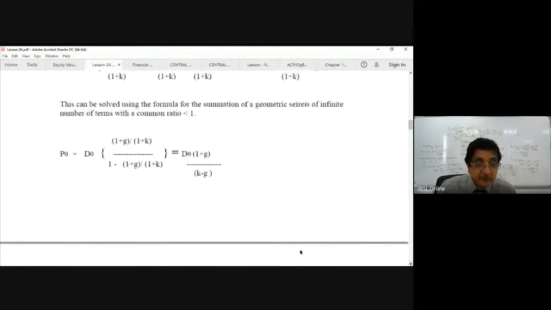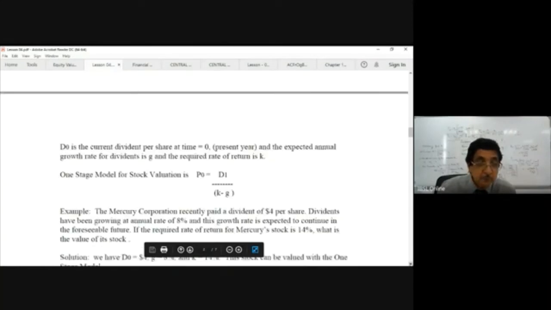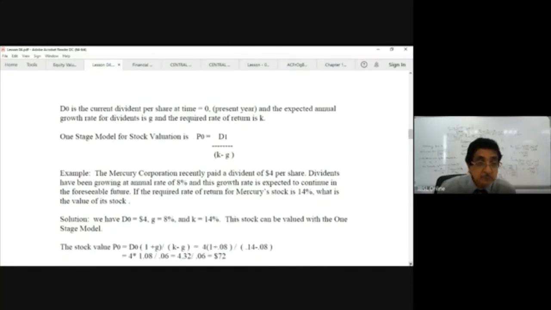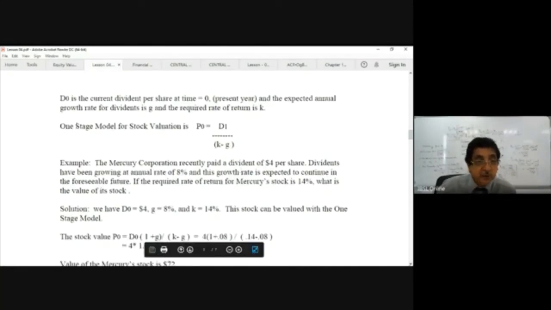Now these things are already in the lesson. So this is the formula. Now we will go to the example, and this is known as the one-stage model for stock valuation, or one-stage dividend discount model, we call it.